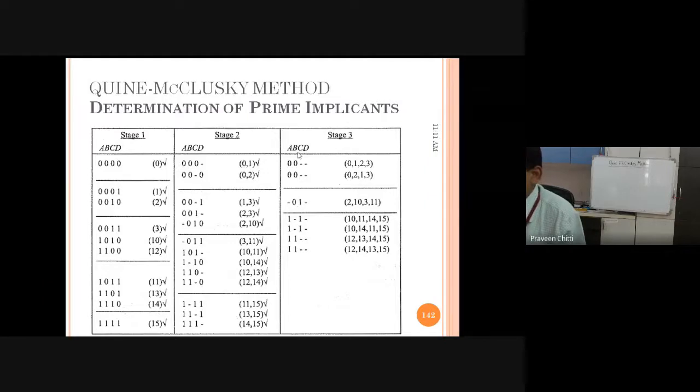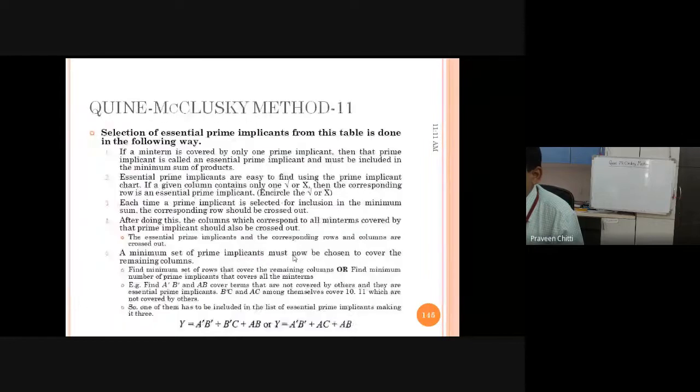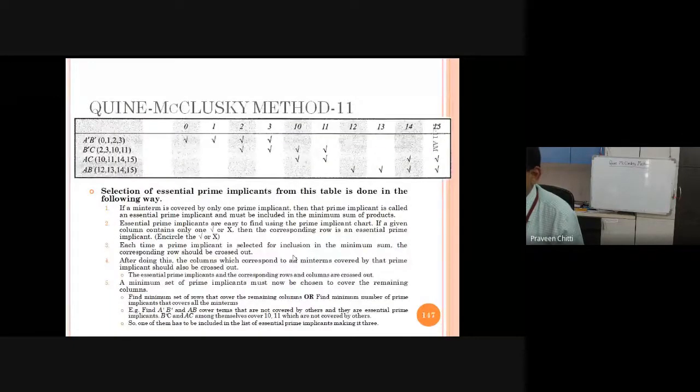We use this kind of method to eliminate the different literals, and finally we get what is called the simplified SOP expression using the Quine-McCluskey method. The first step, the stage 1, stage 2, stage 3 chart that you can see, is used to get what are called prime implicants.